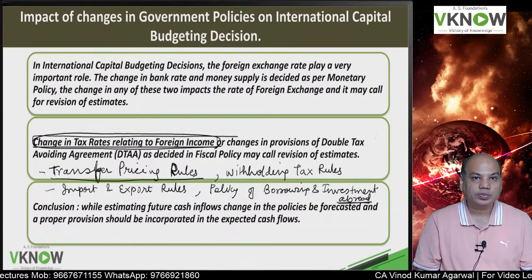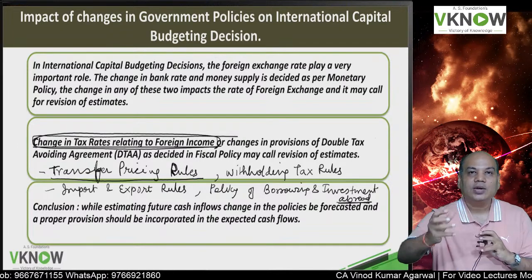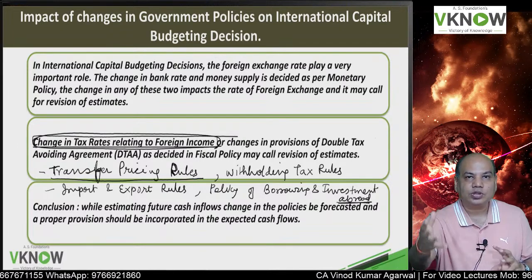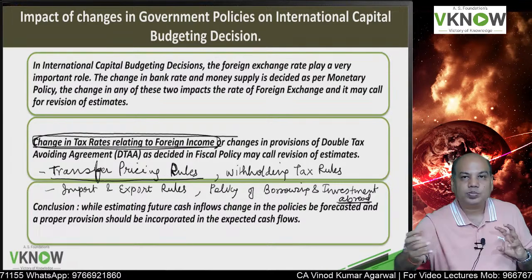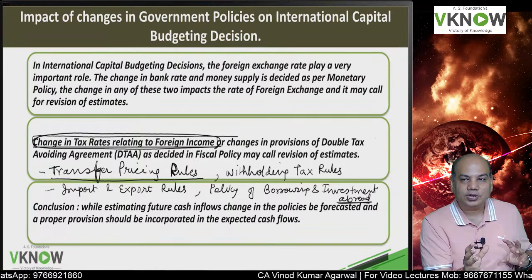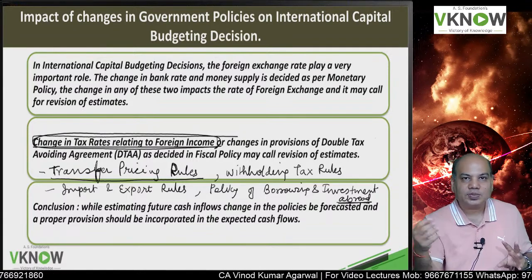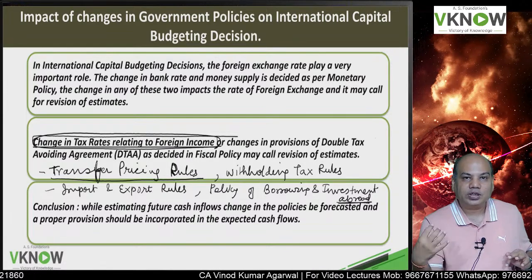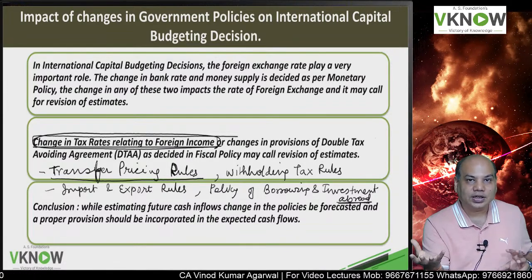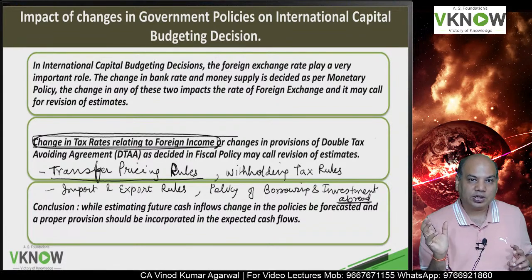So how do I incorporate it? I have to visualize: if this policy changes, what will be my cash flow? What is the probability of this policy? What is my expected value? And if the risk is more, I have to use a higher discount rate also. I have to think about abandonment of the project also.